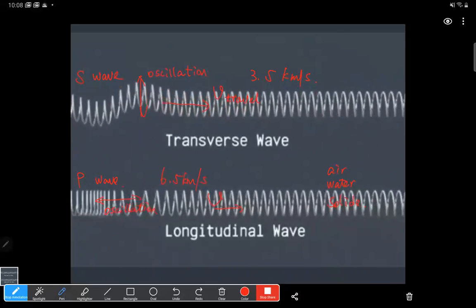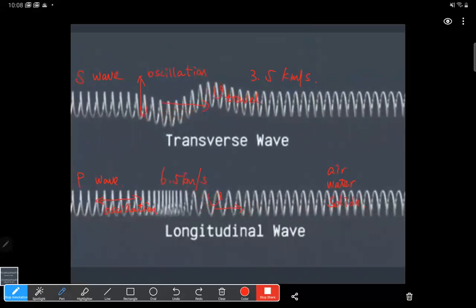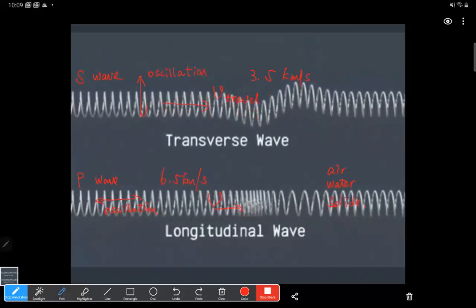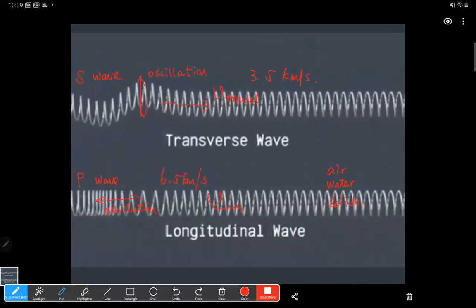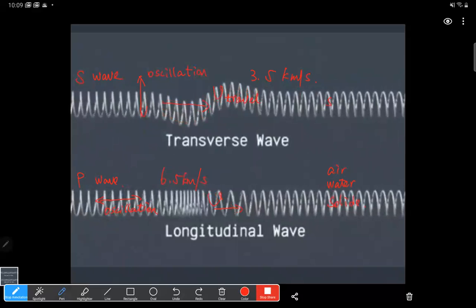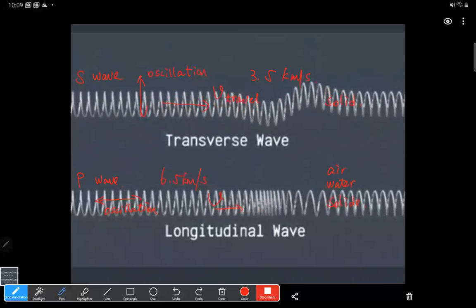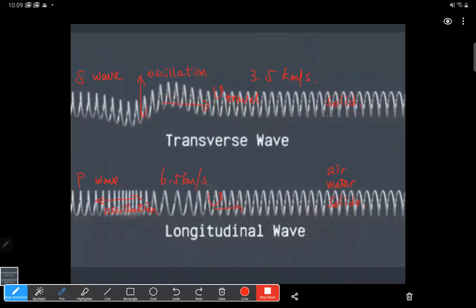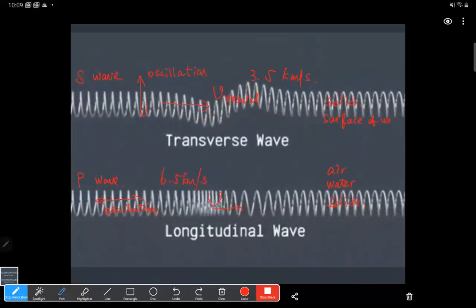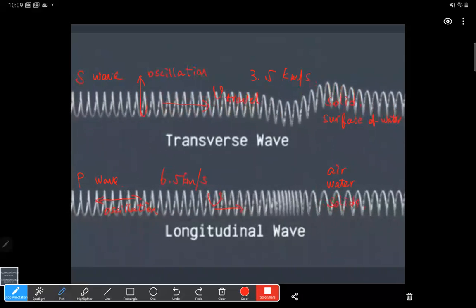If a molecule moving up and down wants to impact another molecule close to it, the shear force is very large. But water and air cannot provide such a big shear force. So this wave can only be found in solids or on the surface of a liquid, the surface of water.